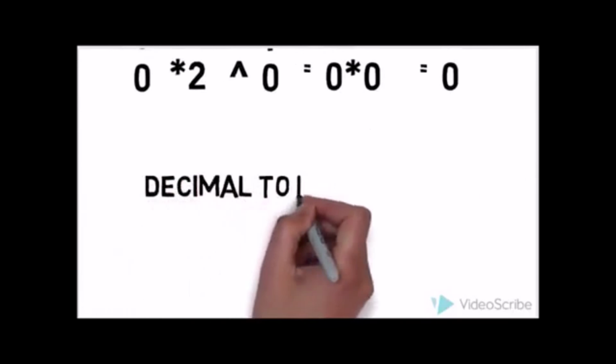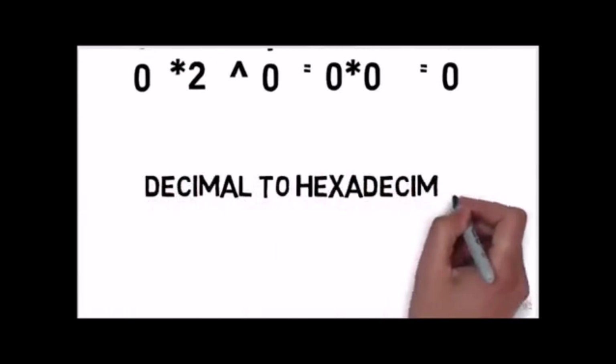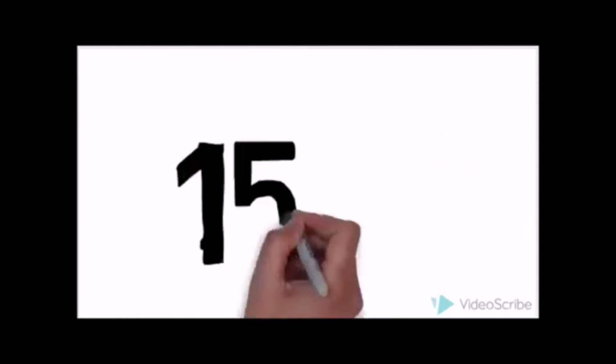Then we have the decimal to hexadecimal conversion. This is one of the easiest.